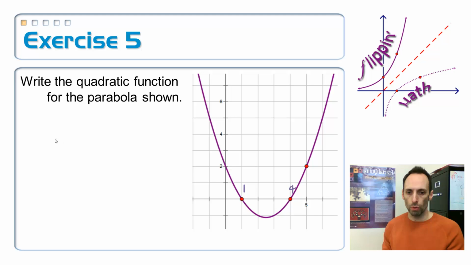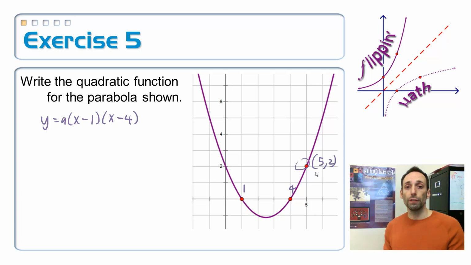So let's come right over here and go y is equal to a times x minus 1 times x minus 4. Remember, these things lied to you, so change the signs on the actual x-intercepts. Now to find the a value, I'm going to take this final point here, 5, 2, and plug that in for x and for y, and then solve it for a.